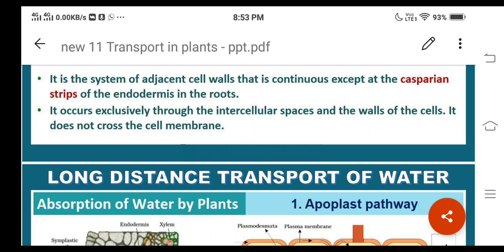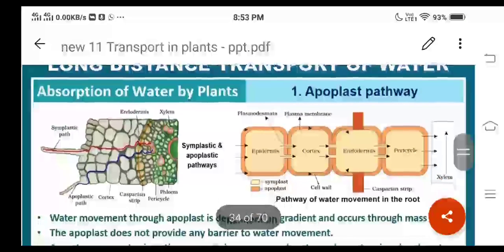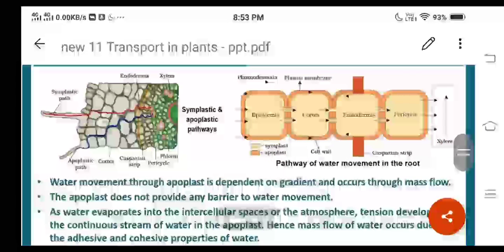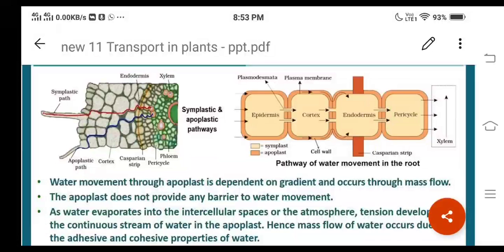Regarding the apoplast, water movement through apoplast is dependent on the gradient and occurs through mass flow. Gradient means from higher concentration to lower concentration. It means it will move in bulk through the intercellular spaces.